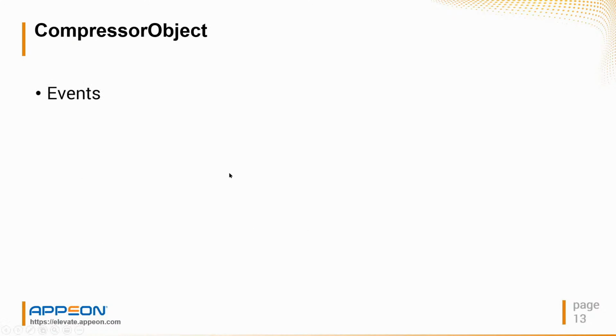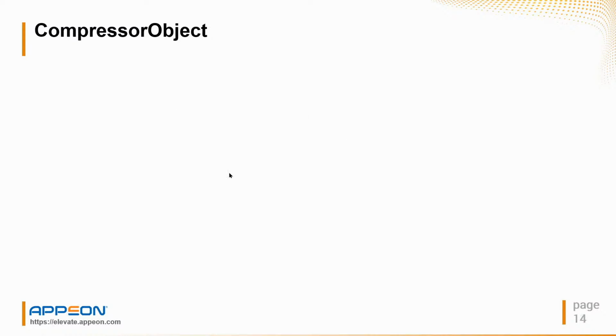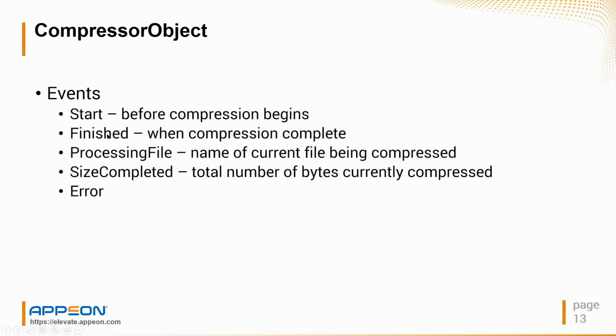Okay. There are some events on the compressor object. Start and finished events fire. You don't necessarily have to do anything with them, but if you want to time the compression, you can use those two events to figure out how long it took.